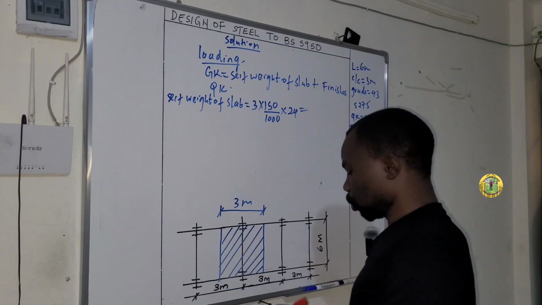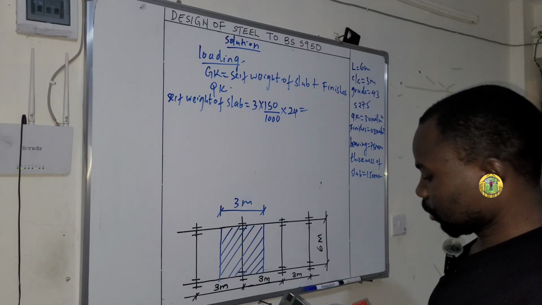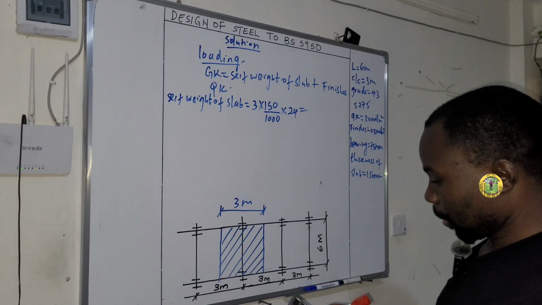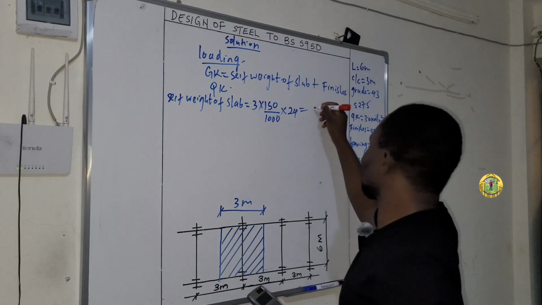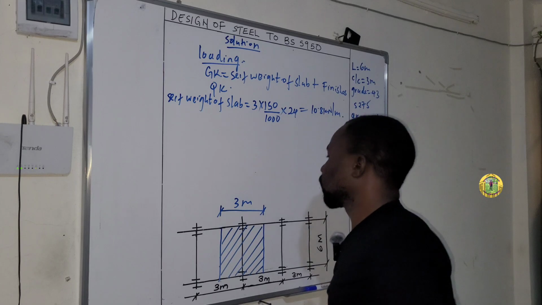So you have 3 times 0.15 times 24. This is 10.8 kilonewton per meter.